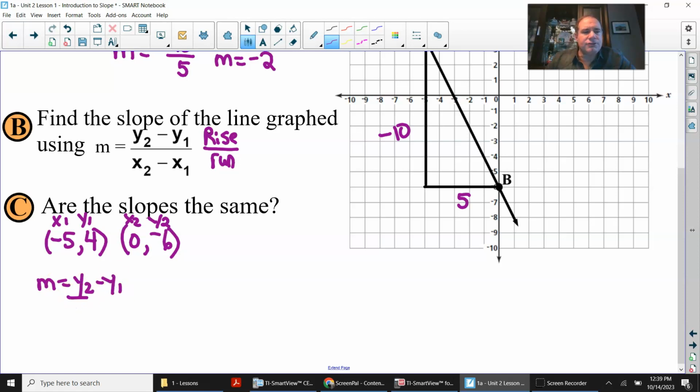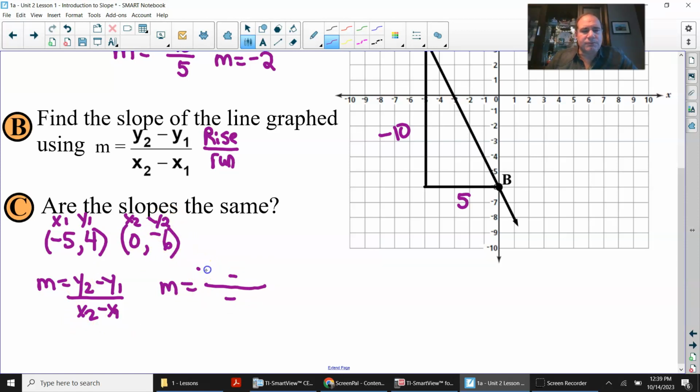It is y2 minus y1 over x2 minus x1. People have a tendency, when they don't write it down, to actually mix up the numbers. Don't do that. Write it down. Take a second, right? You notice that I set up the formula. The subtraction signs are ready. So now I just have to substitute in.